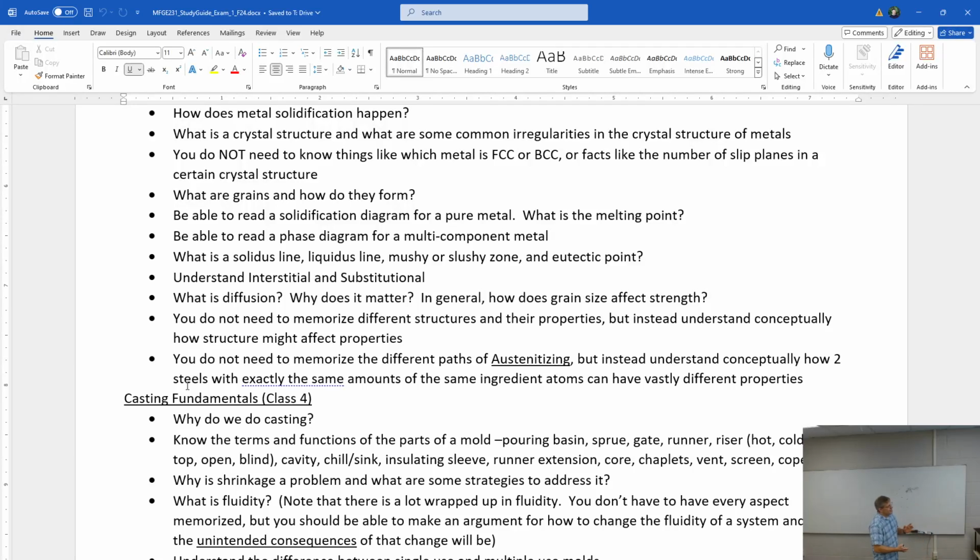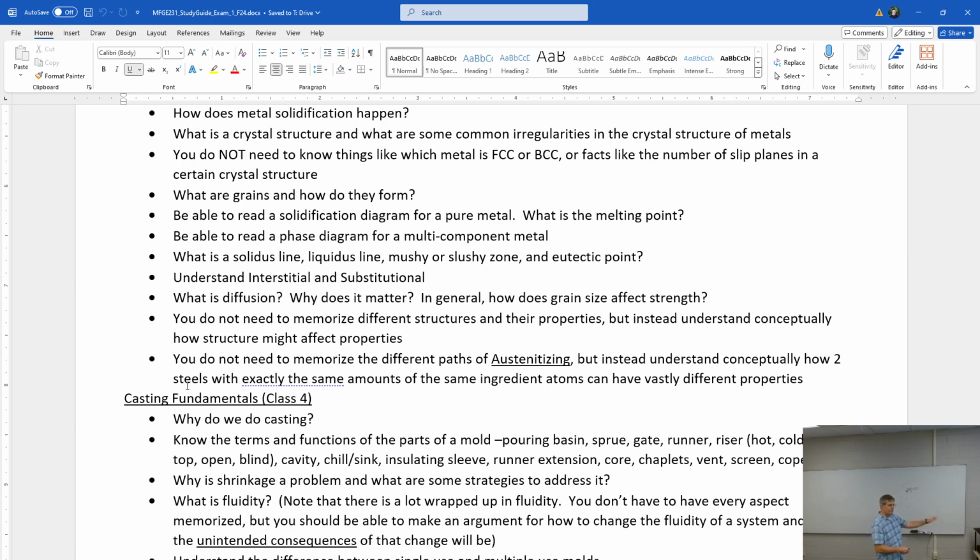All right, so you should know about the irregularities that happen in a crystalline structure and what they're good for and what problems they cause, because they do both of those. You do not need to know what a face-centered cubic, body-centered cubic, or hexagonally close packed structure looks like and what the slip planes that go with it are.